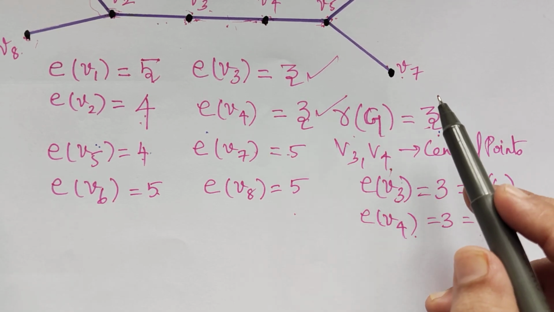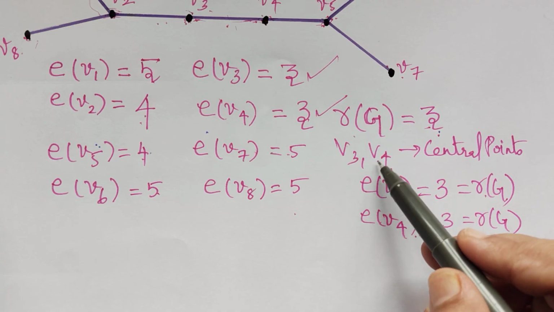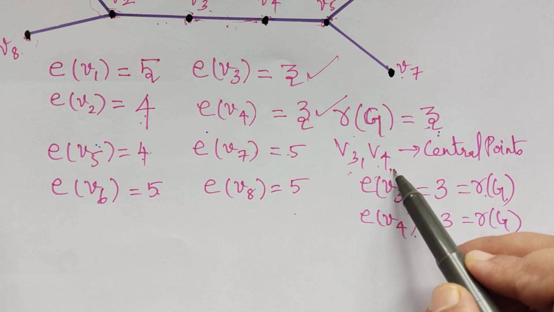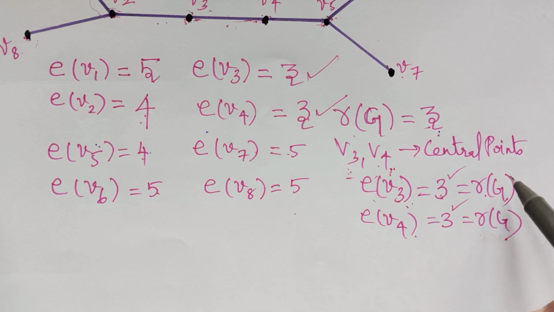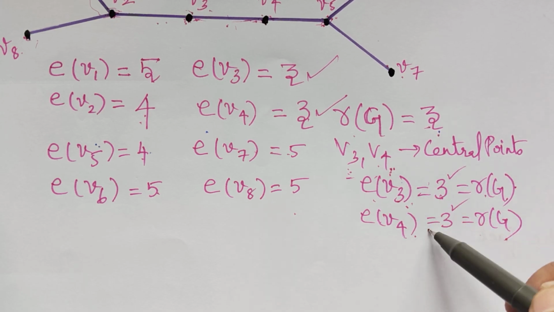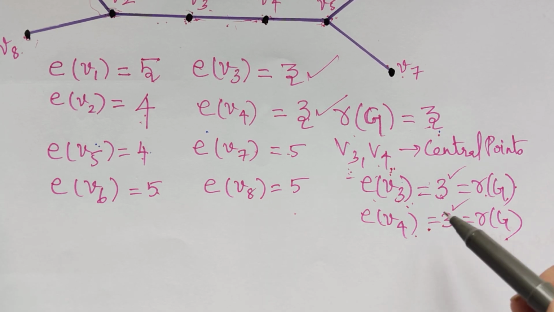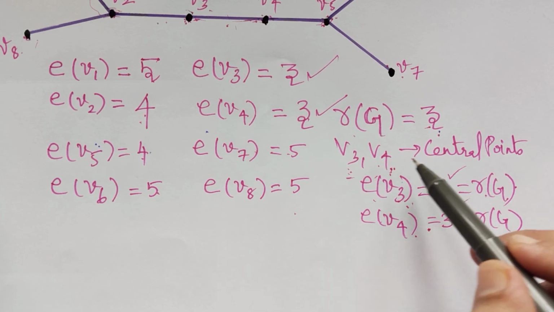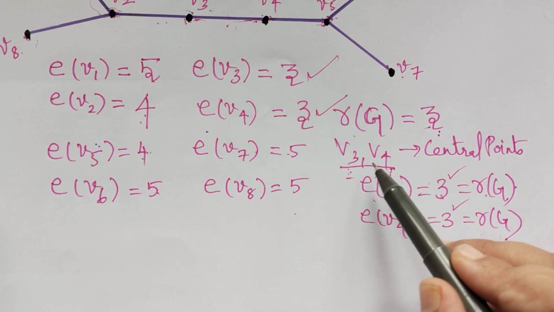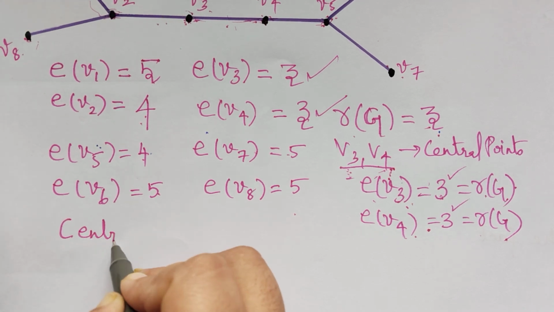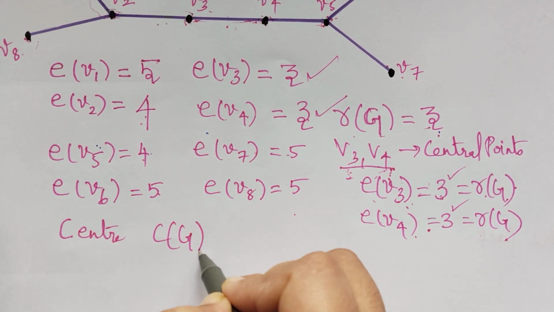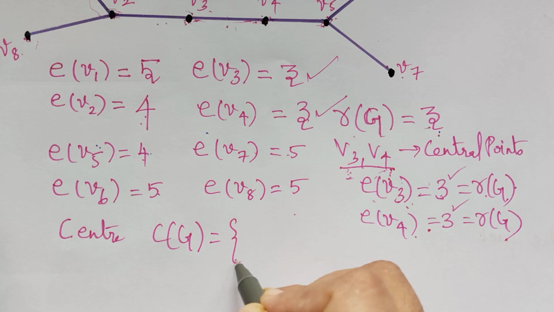In our previous example, there was only one central point. Now for this graph, there are two central points, because for two vertices, the eccentricity values are 3, which is the radius, that is the minimum of all the eccentricities. For that reason only I chose this example, in order to show you that here there are two vertices, and therefore the center of the graph, that is C of G, is equal to the set of all central points.